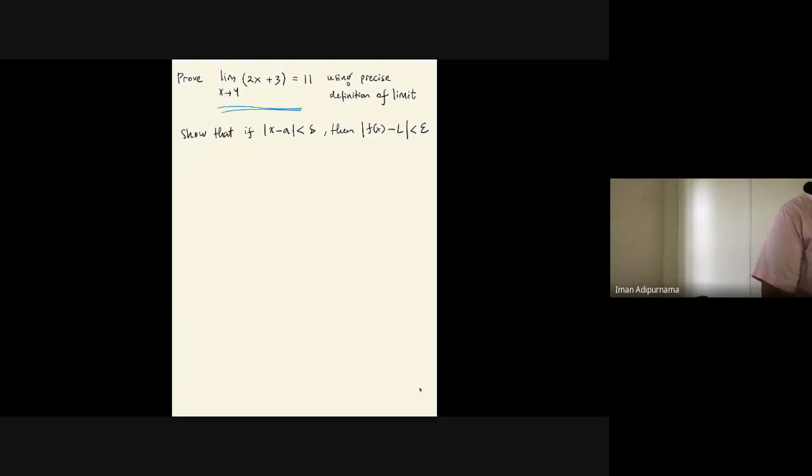I will start with this. So 4 is A, this is the L, and this is the f of x. So when you say f of x minus L less than epsilon, you need to write 2x plus 3, that's the f of x, minus 11, that's the L, and this should be less than epsilon.